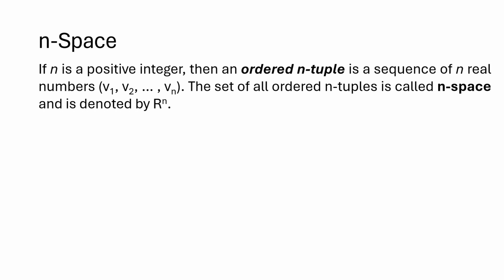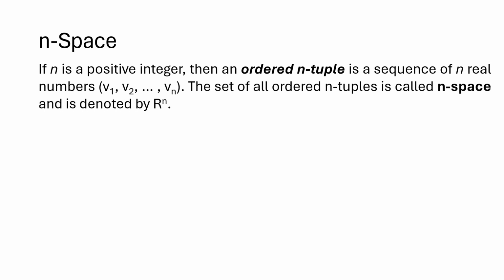The set of all ordered pairs of real numbers, called 2-tuples, and the set of all ordered triples of real numbers, called 3-tuples, are denoted by R squared and R cubed, respectively. The superscript reinforces the idea that the ordered pairs correspond to points in the plane, which is two-dimensional, and the ordered triples to points in space, which is three-dimensional.